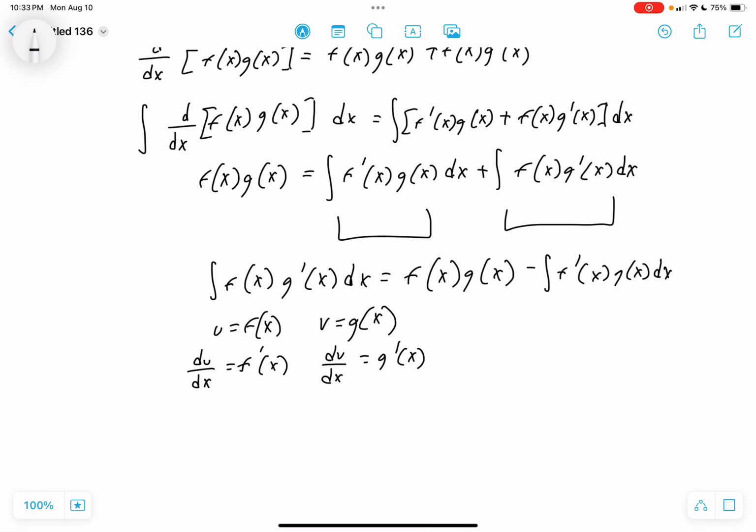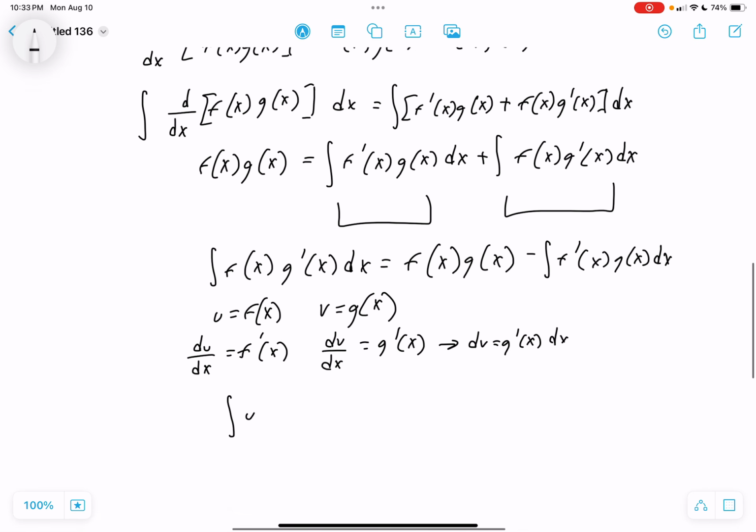So this becomes the integral of u. Now think about what g prime of x dx is. Well, that's simply going to be dv, because dv equals g prime of x dx. So now I get the integral of u dv equals uv minus the integral of, now f prime of x.